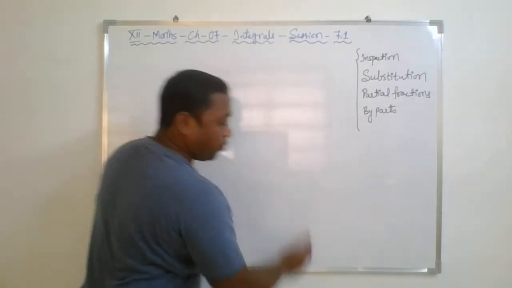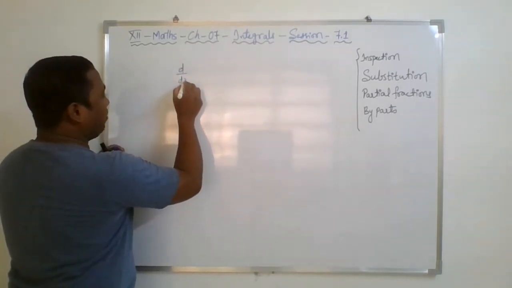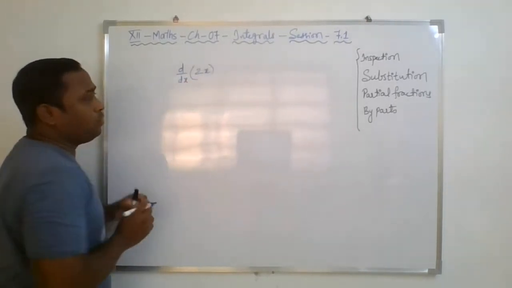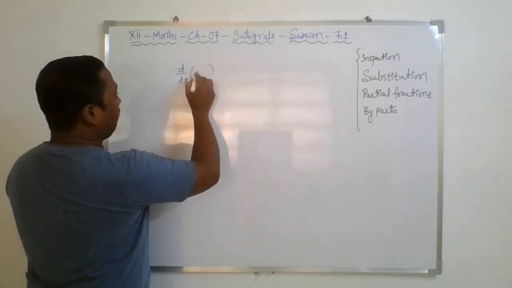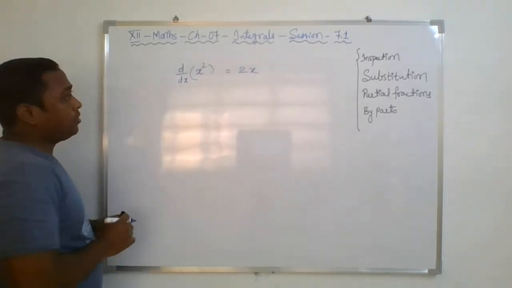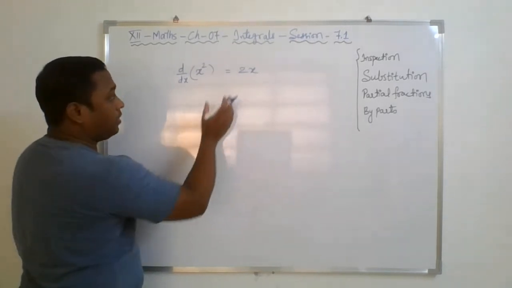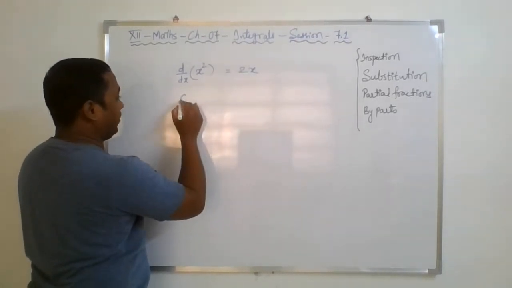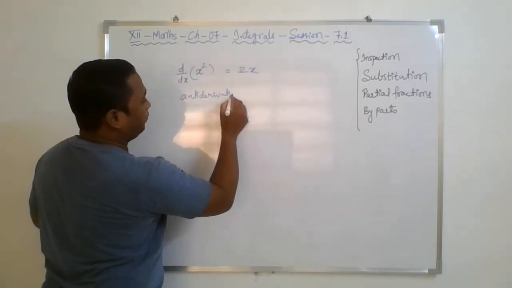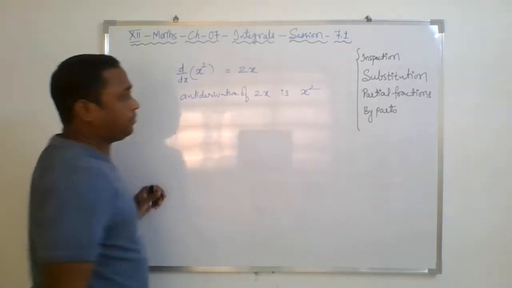I am taking the help of derivatives again to explain the second point. The derivative of x square is 2x. In this manner, if it is a function, it has a derivative. Then the antiderivative of 2x is x square.